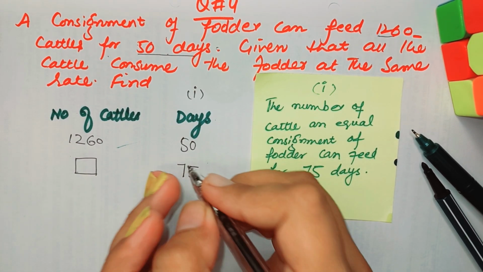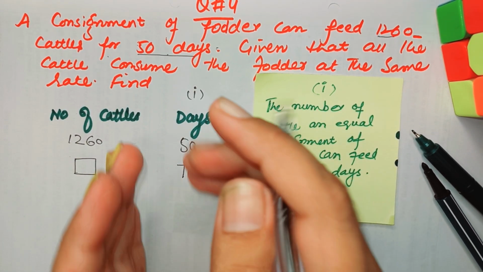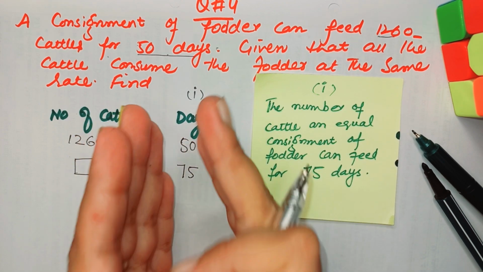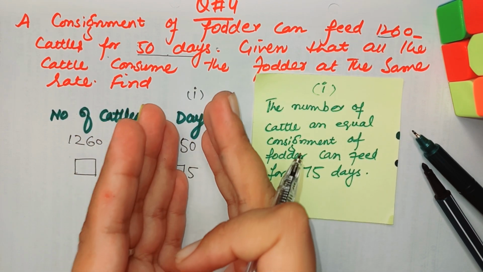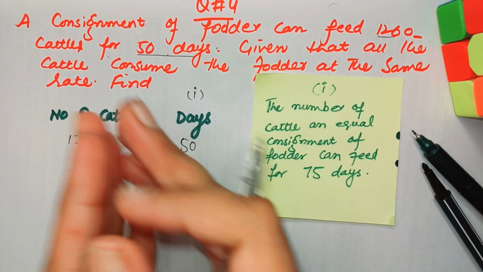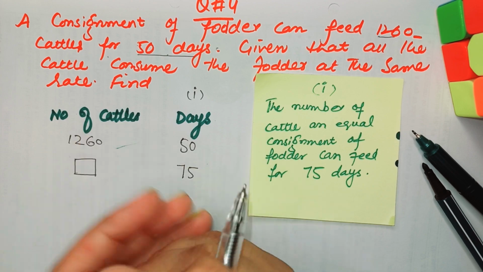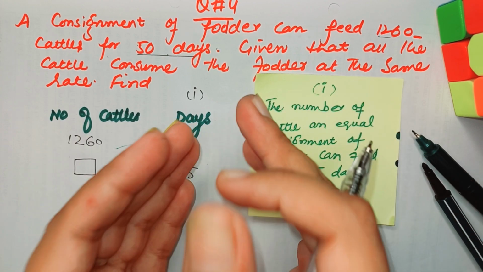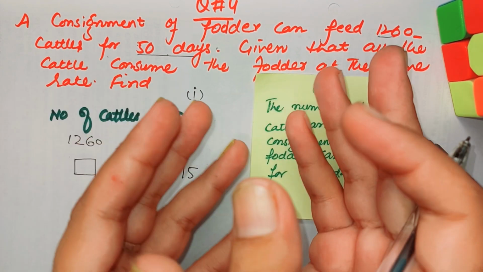Now dear students, observe the relation. जो हमारे पास चारा है वो 75 days तक consume करने के लिए अब हमारे पास cattle क्या हो जाएंगे, कम cattle होंगे. Then हमारे पास उनका जो चारा है वो ज़्यादा दिन चलेगा.